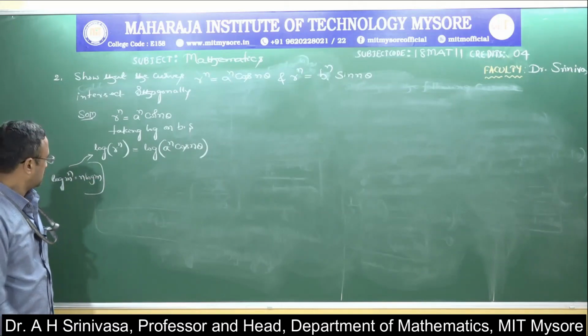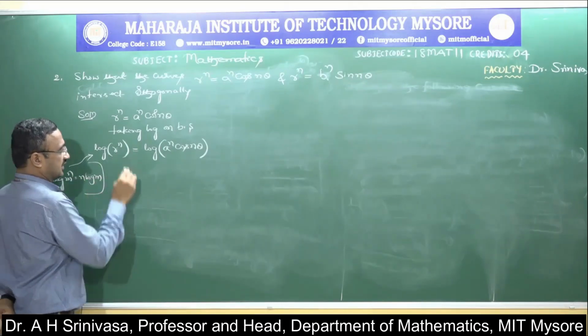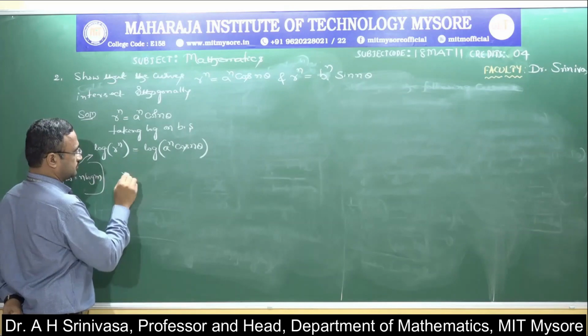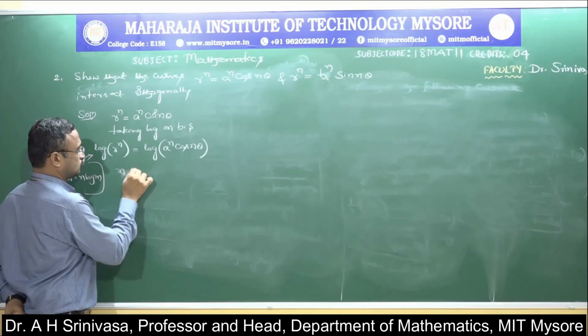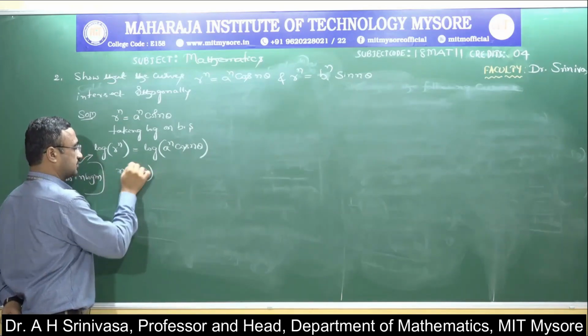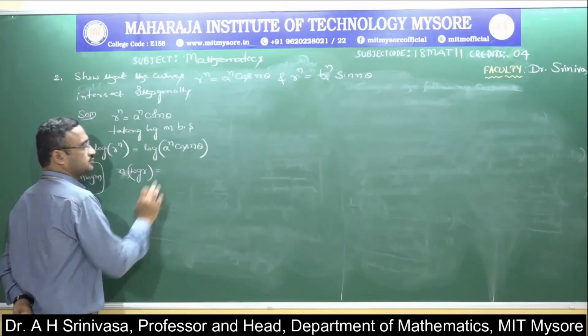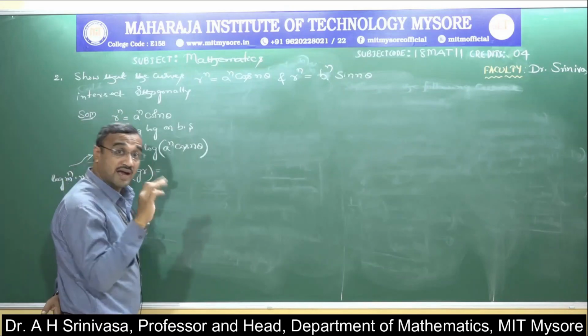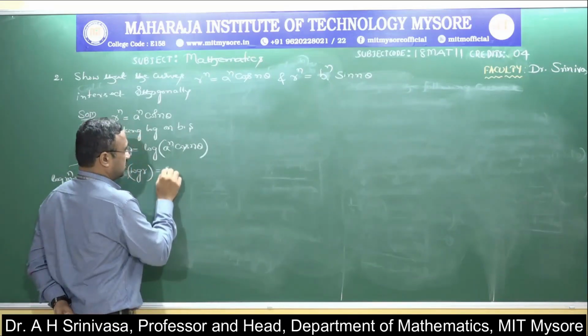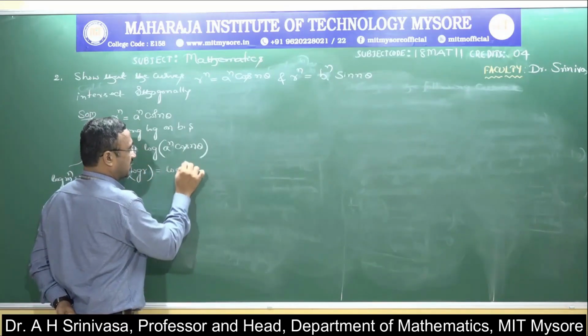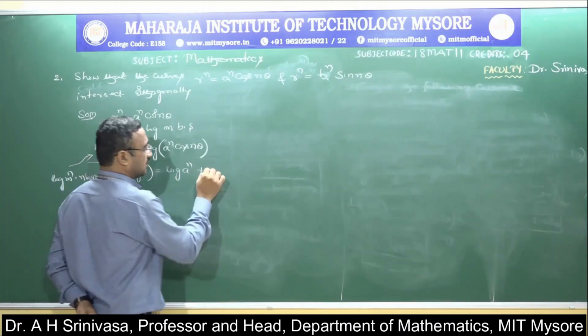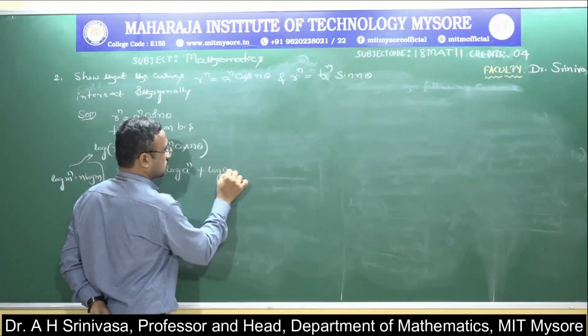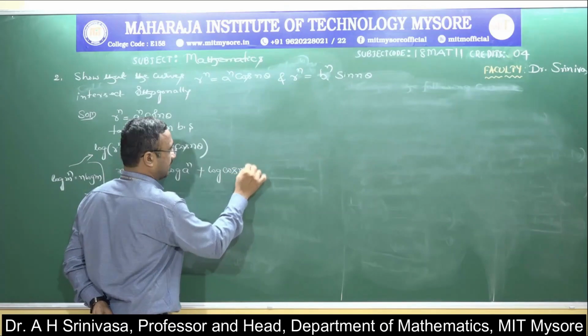Okay. Now using this, it becomes n into log r should be equal to. Now here you have to apply the first property, log of m into n, so log a power n plus logarithm of cos n theta.